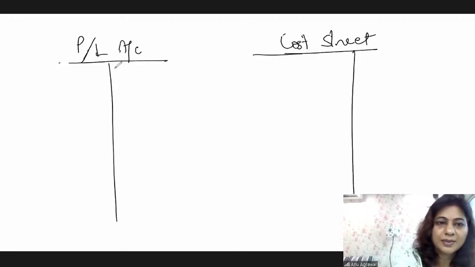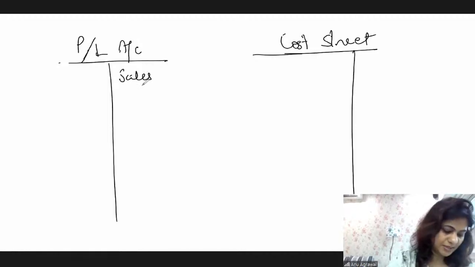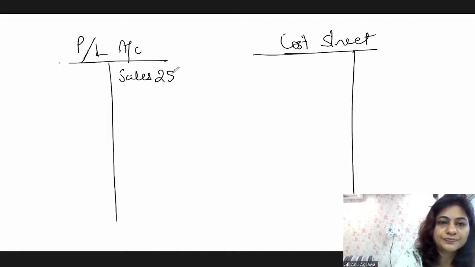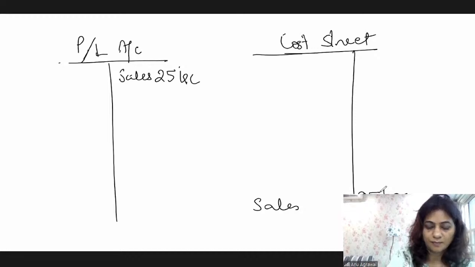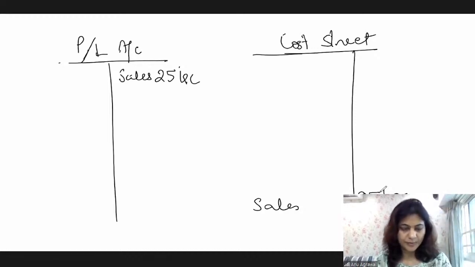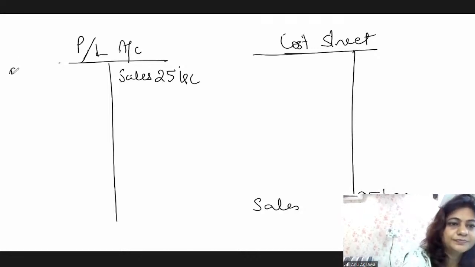So whether it is profit and loss account or cost sheet, it will be the same. So sales is how much? 25 lakhs. In our cost sheet, we book sales in the end. So I put in here 25 lakhs.